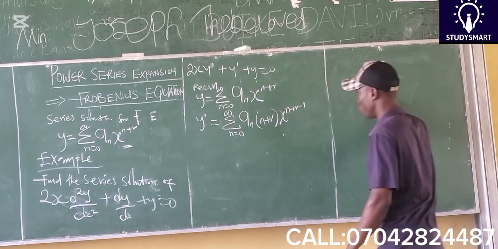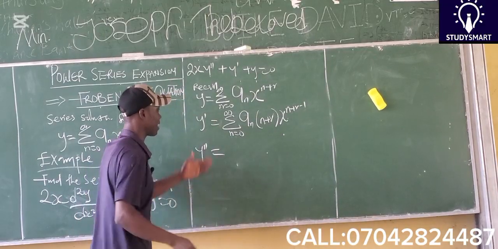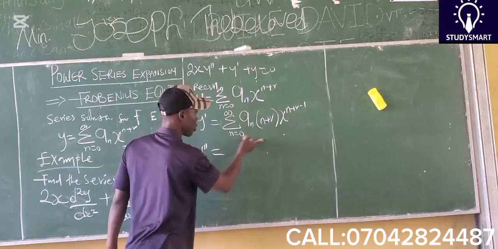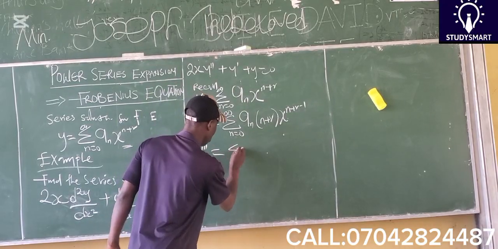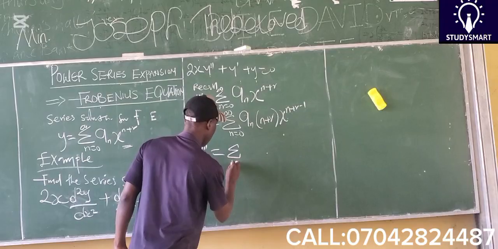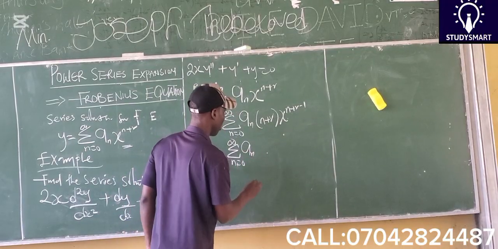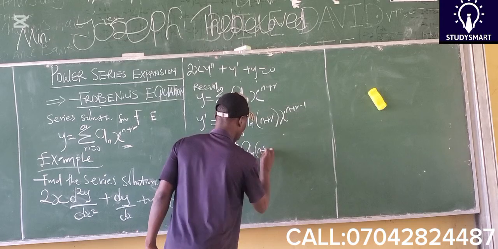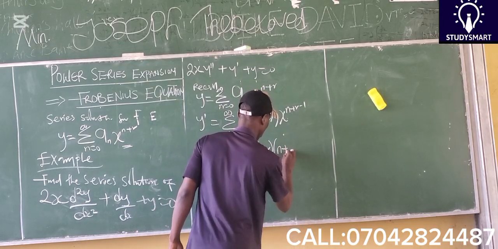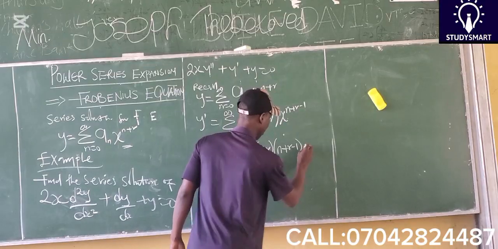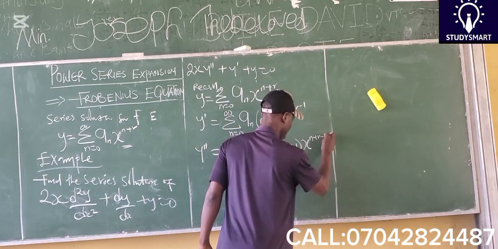So don't get it confused. We've just gotten y prime, so let's get y prime prime now. In getting y prime prime of this expression, we are going to differentiate y prime again. So we have the summation n equal to 0 to infinity of a n, times n plus r, times n plus r minus 1, and x to power n plus r minus 1 minus 1.